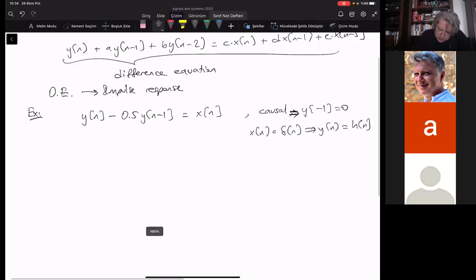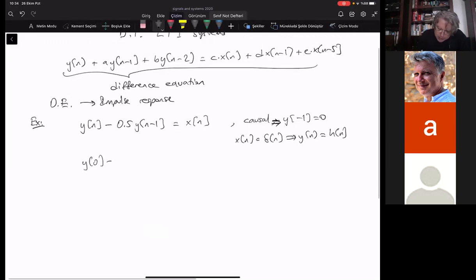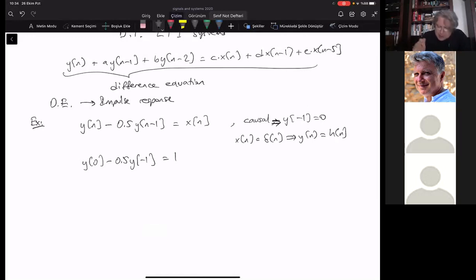So when n is equal to 0, y of 0 minus 0.5 y of minus 1 is equal to 1. That is equal to 1. But what was y of minus 1? It was 0. So y of 0 is 1. I'm just keeping it here.